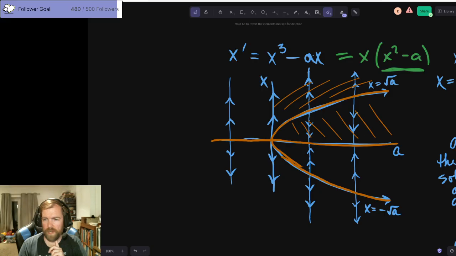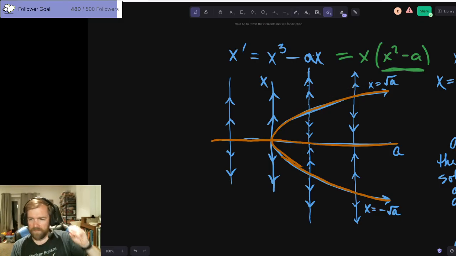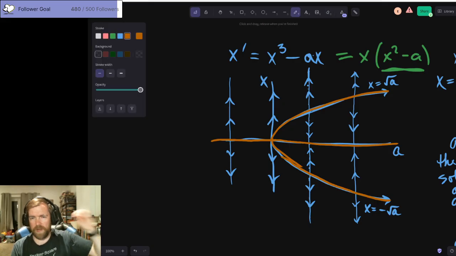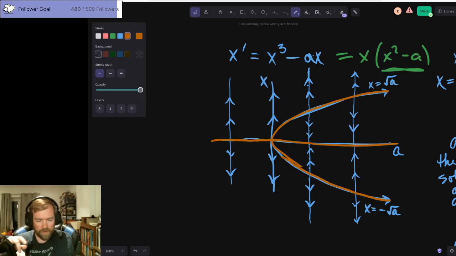But again, the whole point here is that we're trying to create regions where we have similar x prime signs when we're looking at how x prime is going to be affected by the different values for a, whatever our constants are going to be.